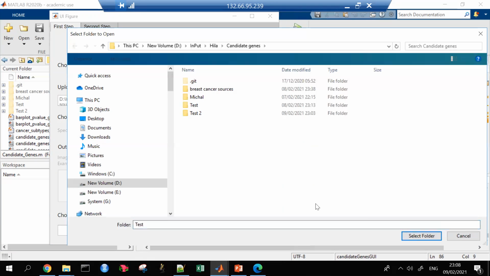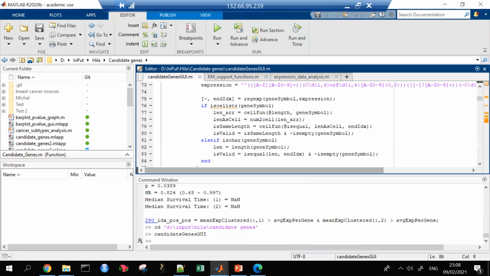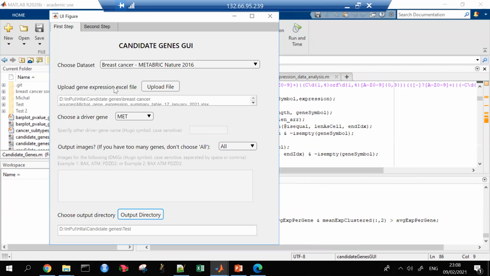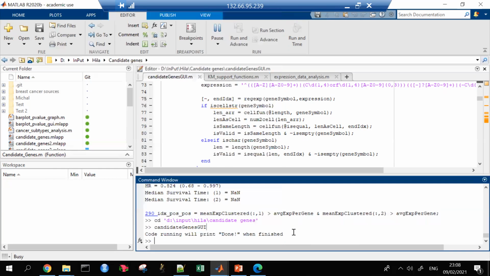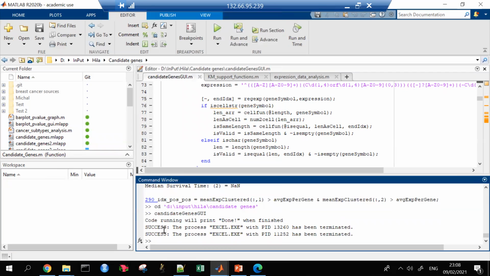I will output it to test. Now choose gene expression calculations. In the previous tutorial, I have explained the Kaplan-Meier expression and co-expression. Okay, so click done. Then you'll see the code running.